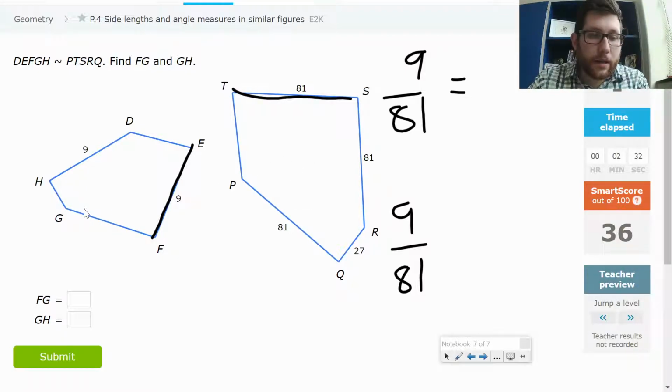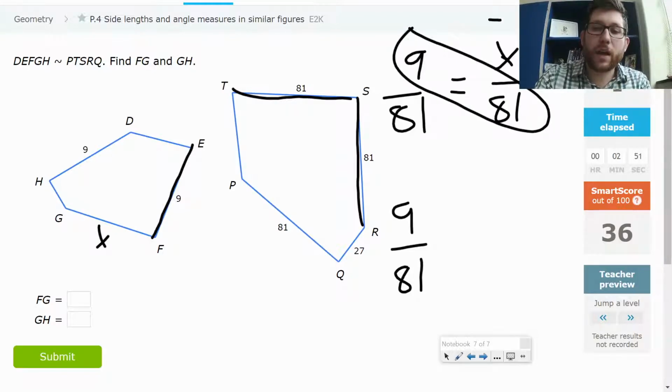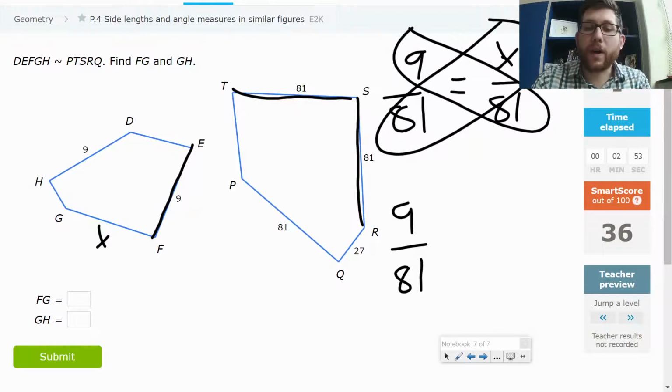FG ends up right here, and it matches with SR. So here's SR. I'm going to act like this is my X. There's my SR. So I'm going to do X over 81. Those are just like the cross multiplying we've done in the past. We cross multiply both sides, and then divide out. If we solve that correctly, we should get X equal to 9.